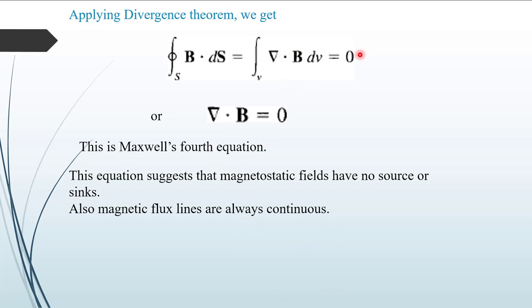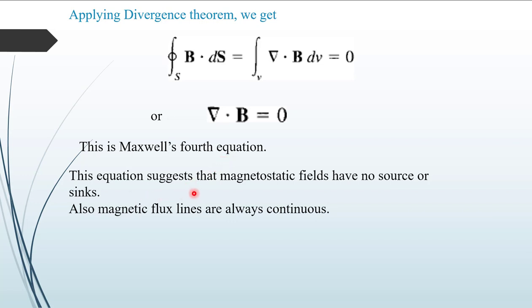Since both integrations are equated to 0, we can write del dot B bar is equal to 0. This is the point form of Gauss law applied to the magnetic field, and it is one of Maxwell's equations, generally the fourth equation in the Maxwell's chapter.